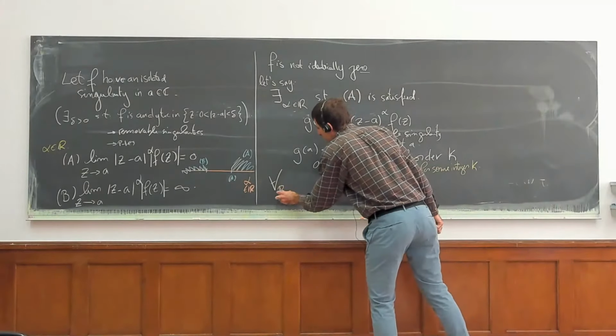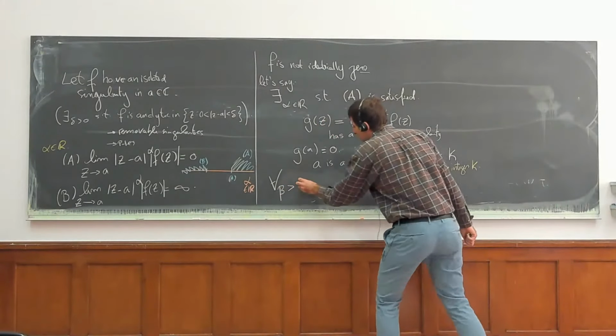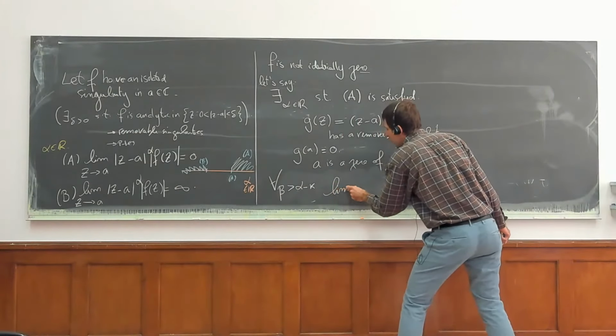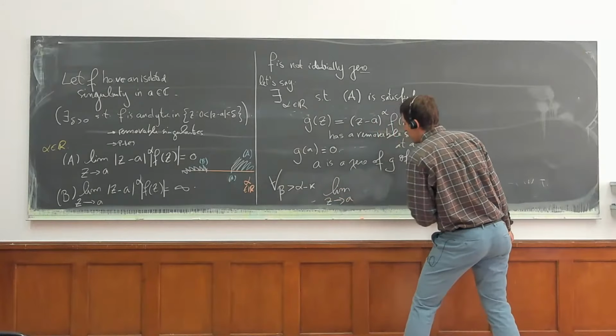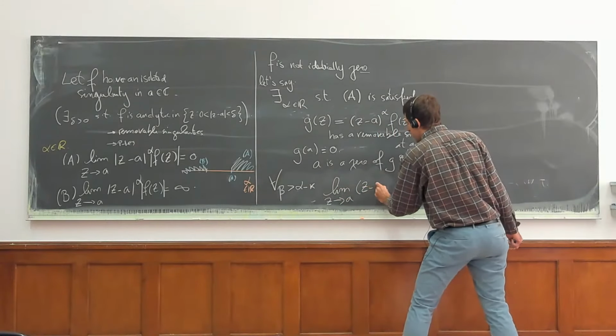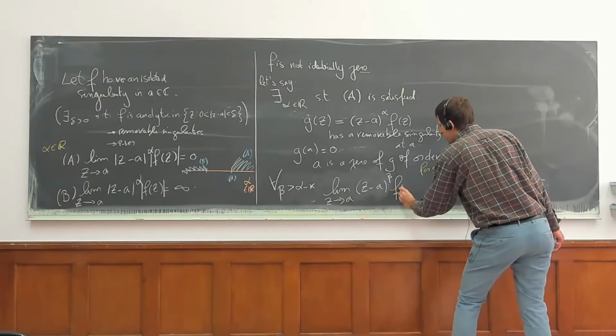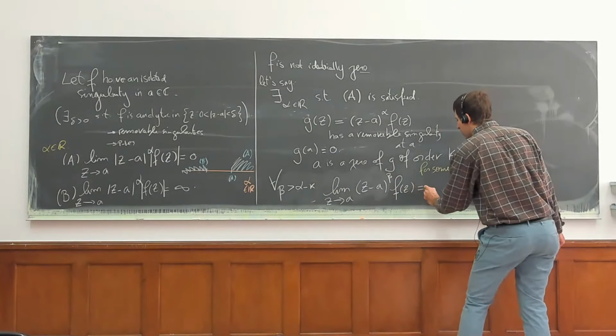Okay, for all beta bigger than alpha minus k, I claim that the limit as z goes to a of z minus a to the beta times f of z goes to 0.